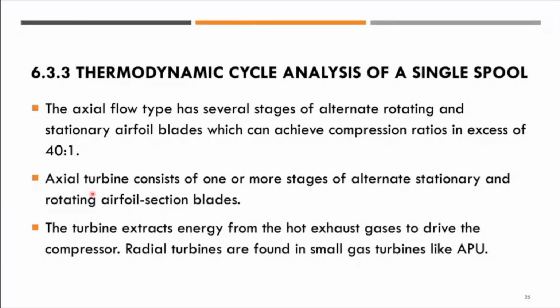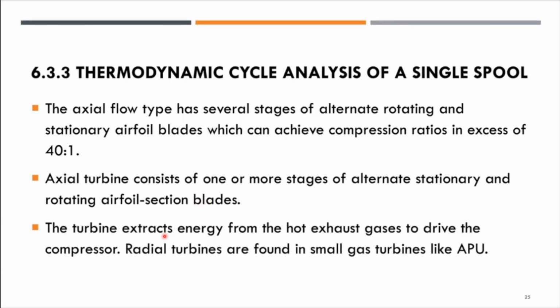An axial turbine consists of one or more stages of alternate stationary and rotating airfoil section blades. So basically, if you look at the turbine stages, for an axial turbine you will also have stationary and rotating airfoil blades.